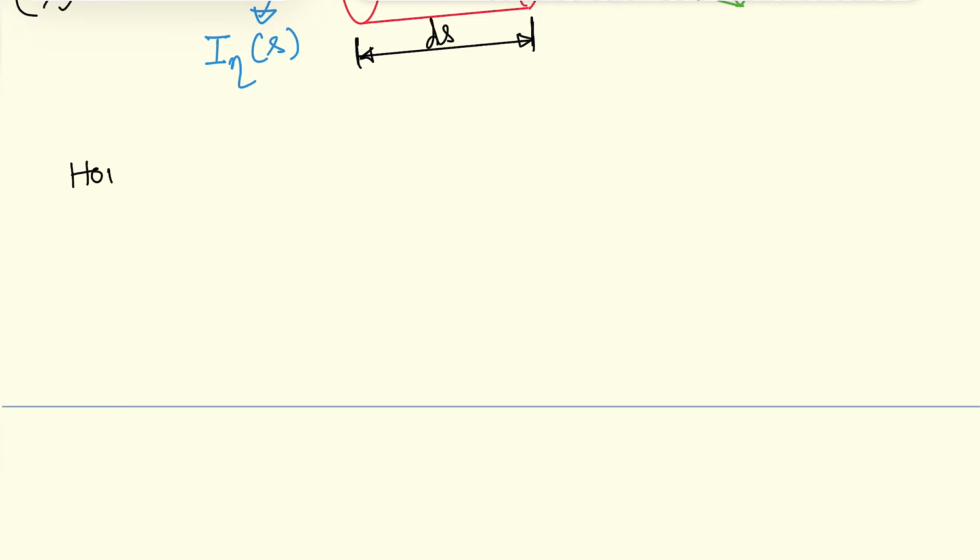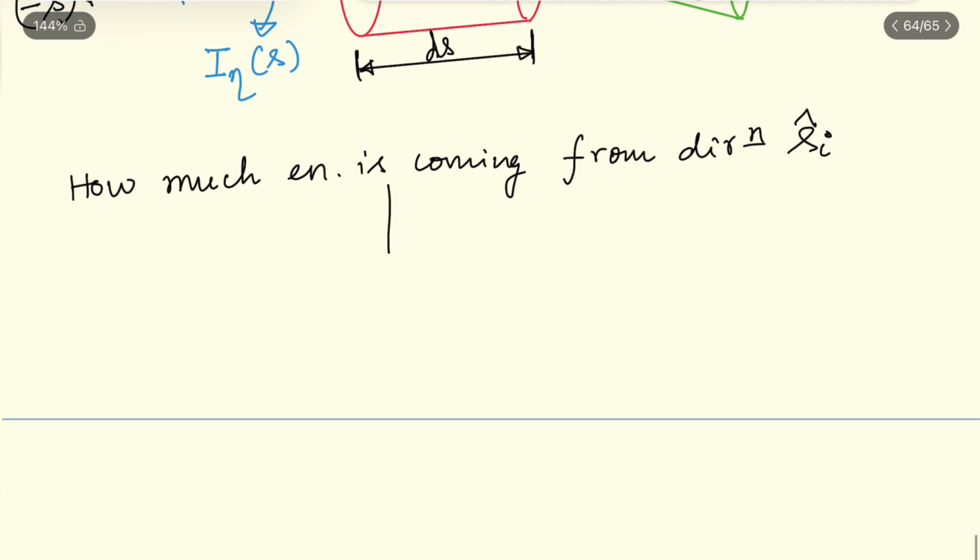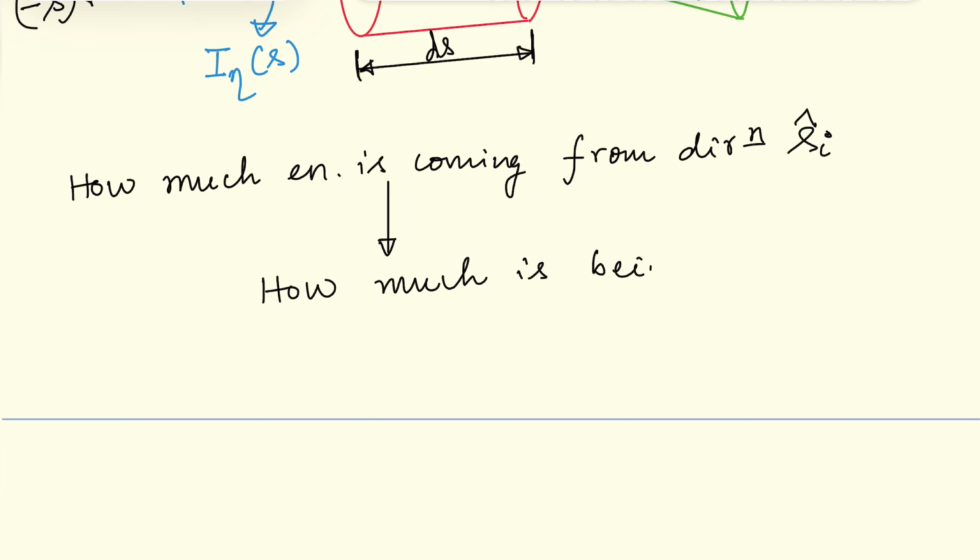So how much energy is coming from direction SI. Then we need to know how much is being scattered inside the CV.